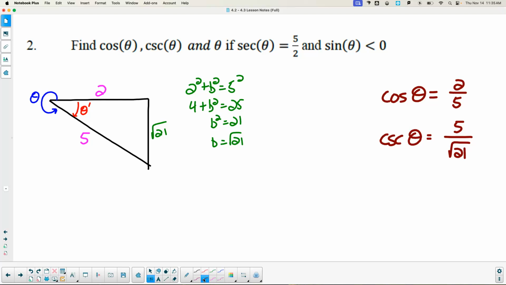What's wrong? Why does it have to be negative? Which quadrant are we in? We're in quadrant 4. Sine and cosecant are negative in quadrants 3 and 4, so we can't forget that. It has to be negative.